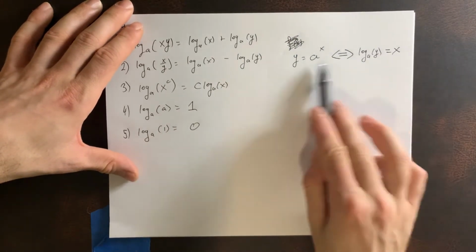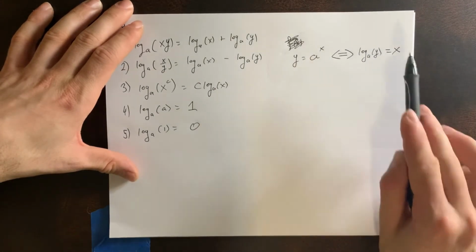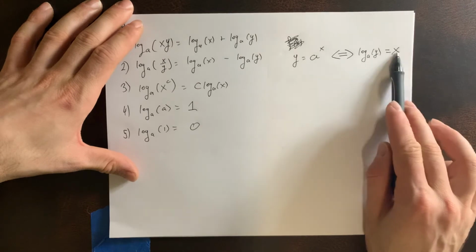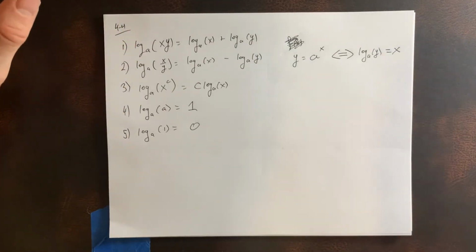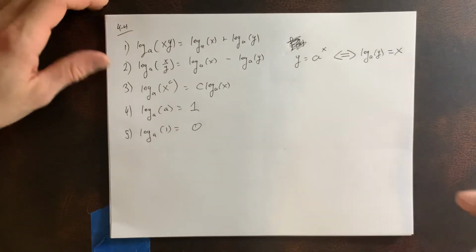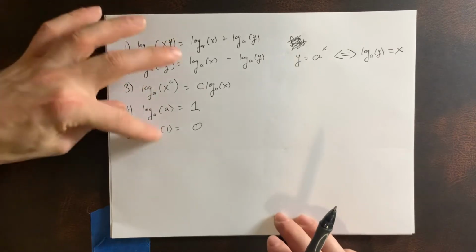So these two equations are related. If y is equal to a to the x, that just means the same thing as log base a of y is equal to x. So in a way we can think of them as inverses of each other. It's not too much more important beyond that. What's mainly important from this section is just knowing these properties.